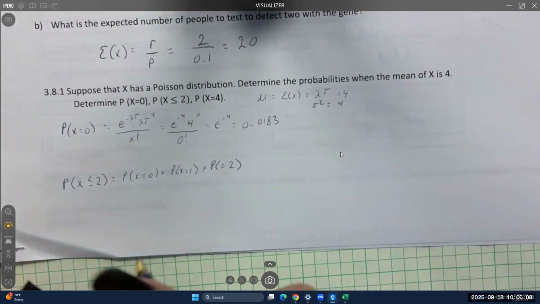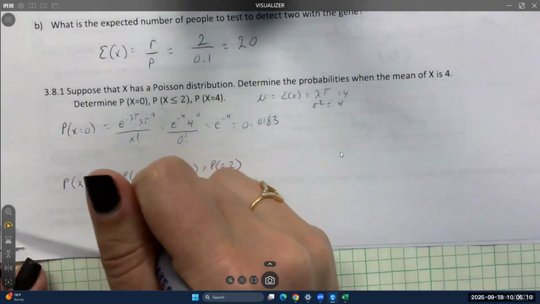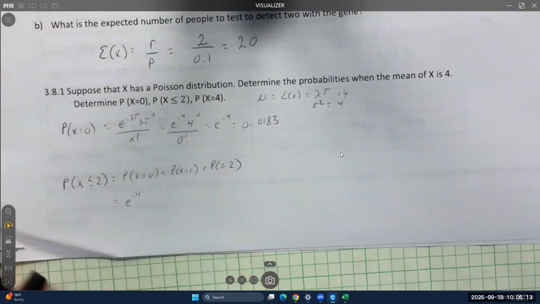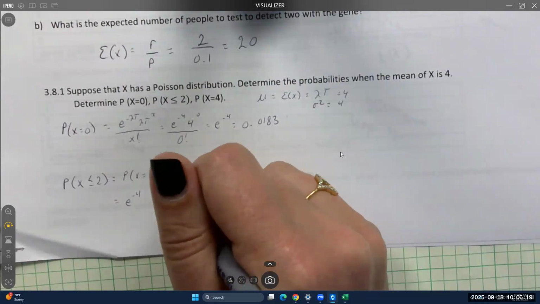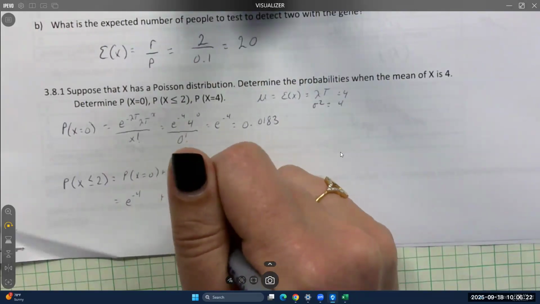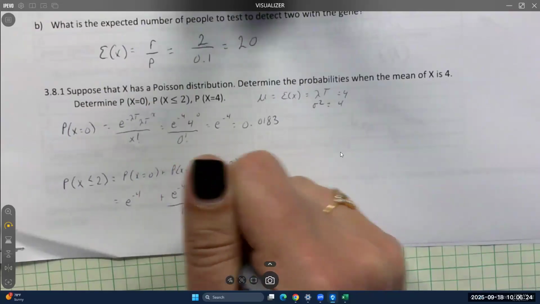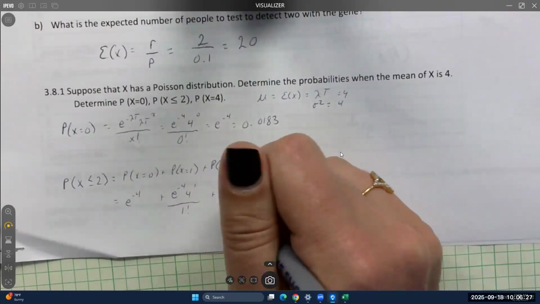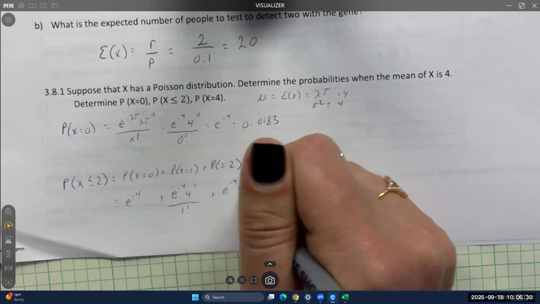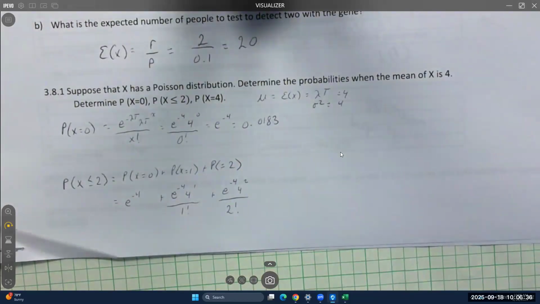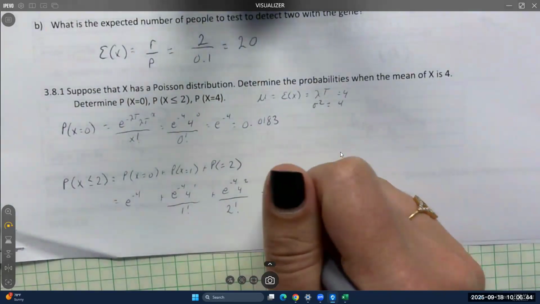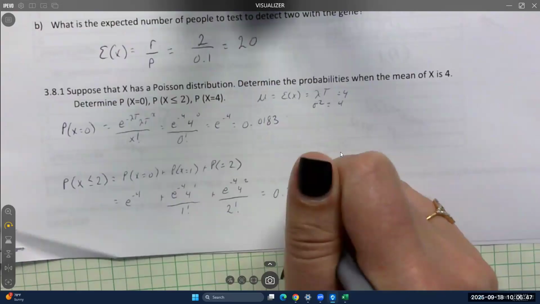I've already solved for x is equal to 0, which just came out to e to the negative 4 because everything else cancels out, plus the same formula e to the negative lambda t, lambda t to the x over x factorial, for x equal to 1 and 2. When you throw all of those in your calculator, they come out to 0.2381.